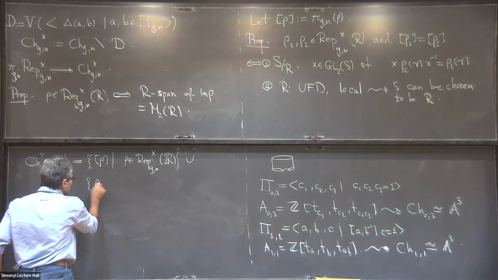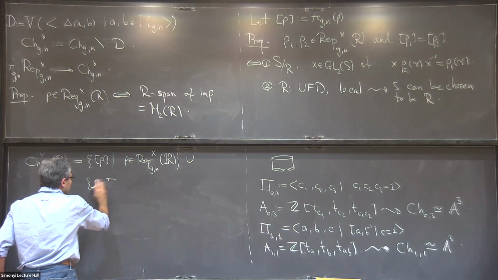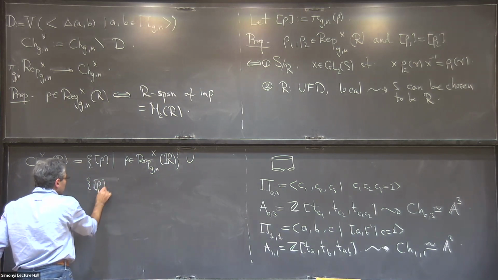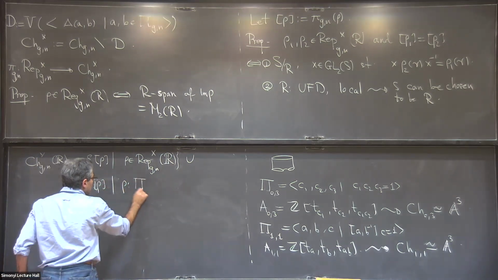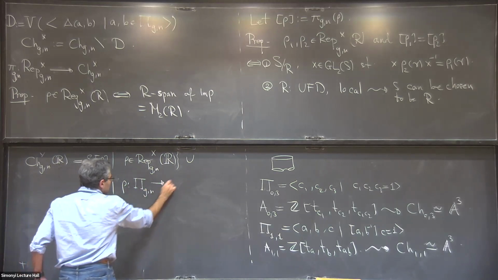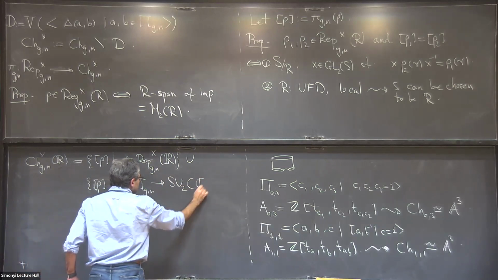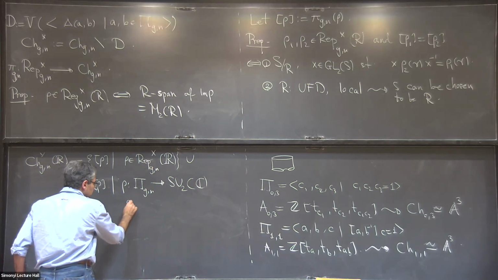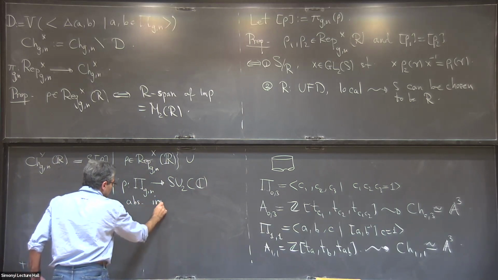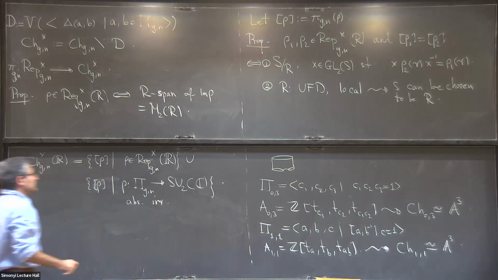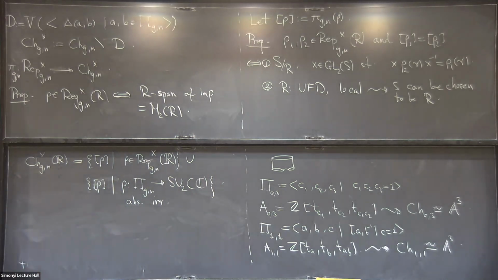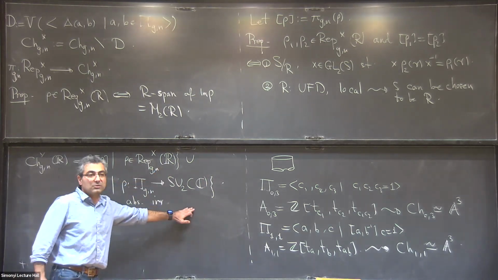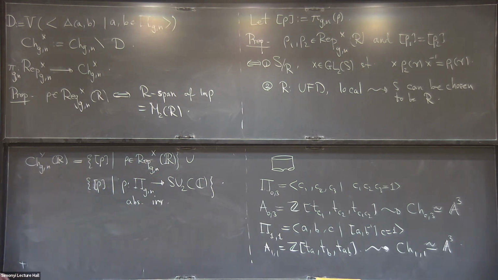So I pick a rho from the unitary matrices, as long as it is absolutely reducible. So it was known that even in the case of real, I cannot understand the traces within the real numbers. I need to go to complex numbers in order to realize them as traces of some representation.